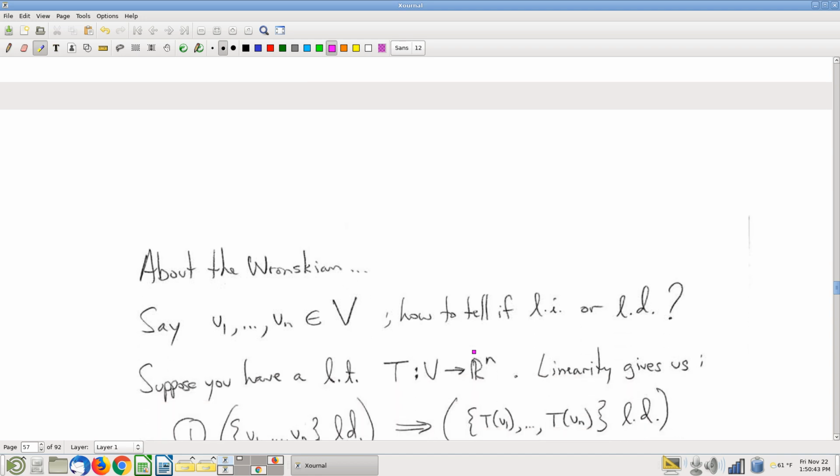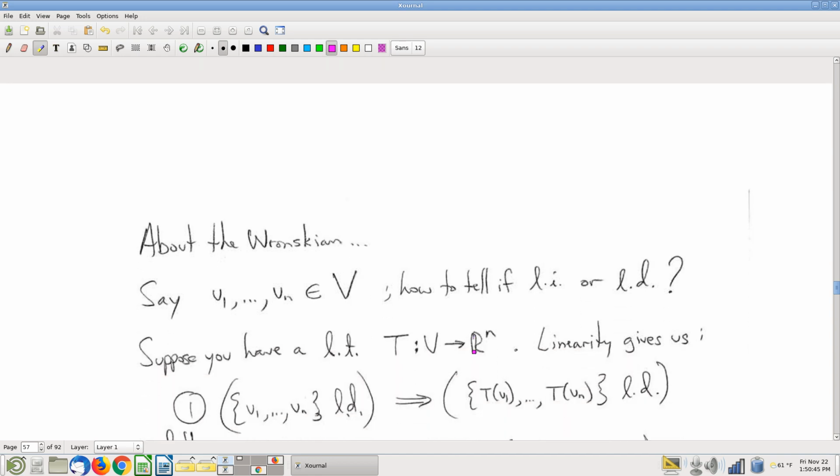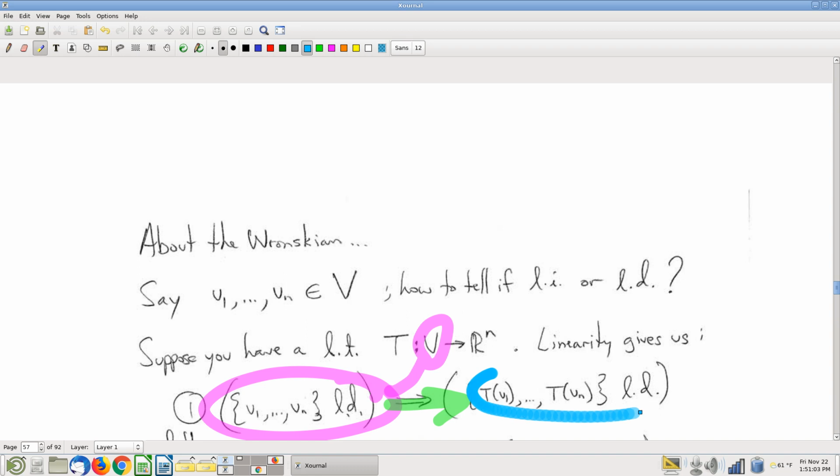Here's a theorem that we're going to start with. This is an easy thing to confirm. Everybody should do this on your own. If you have a linear transformation and a dependent list of vectors in the domain, then that will give rise to a dependent list of vectors in the target. This is a very straightforward theorem to prove.